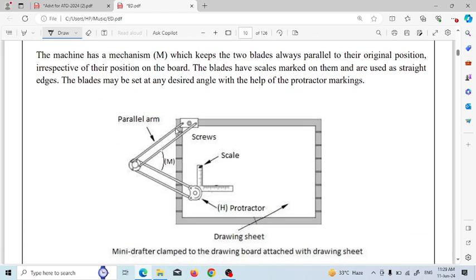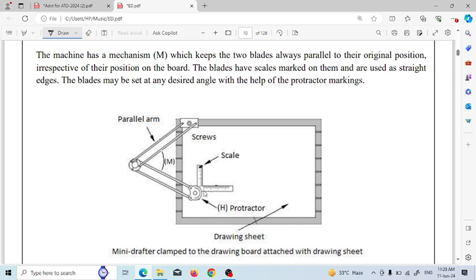So this is the parallel arm. This is the one link, two link, three link, four link, and this is the four-joint pair. This is the scale which is attached, and it moves parallel to this arm. The scales are kept parallel to the drawing sheet, with the left side arm and the top side arm.